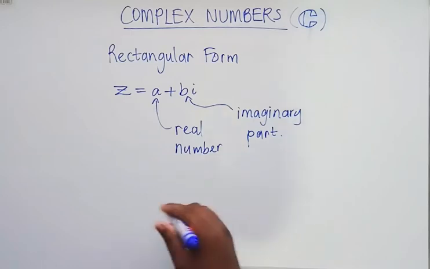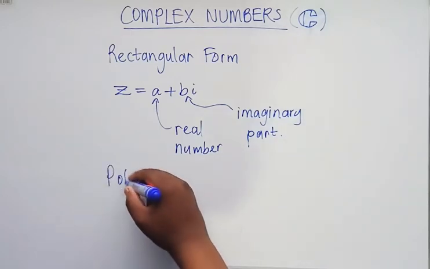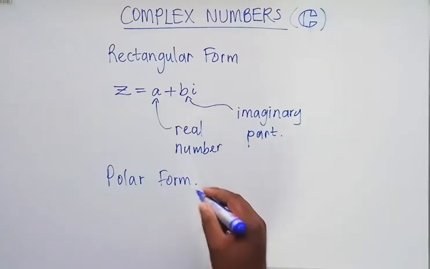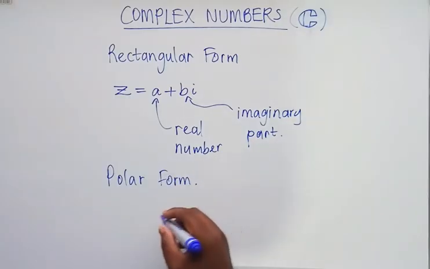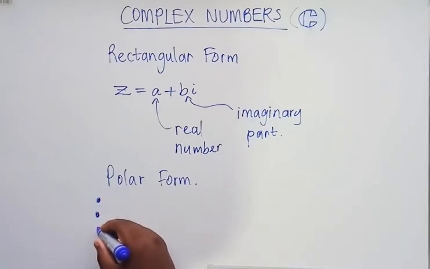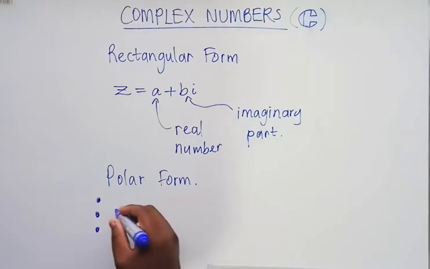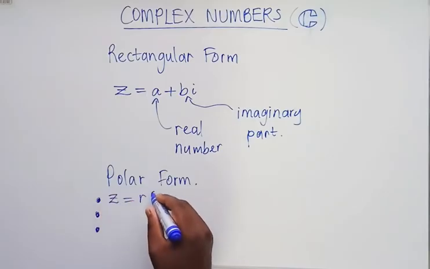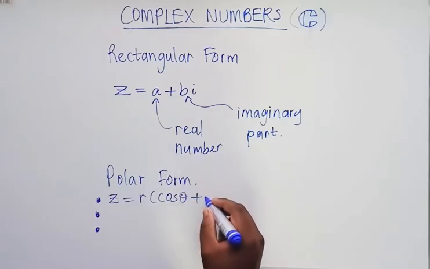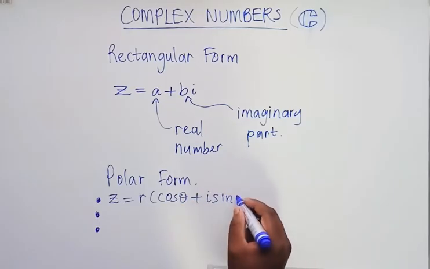And then the next form is called the polar form. So your polar form is typically in these forms. First form is z equals r bracket cos theta plus i sin theta.